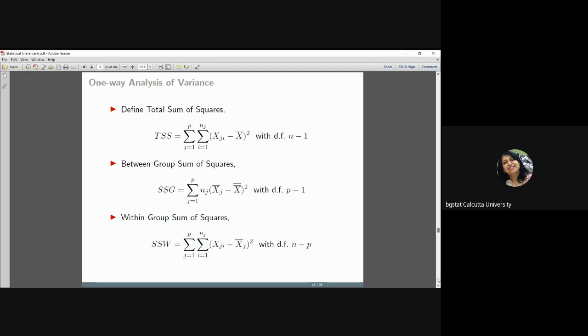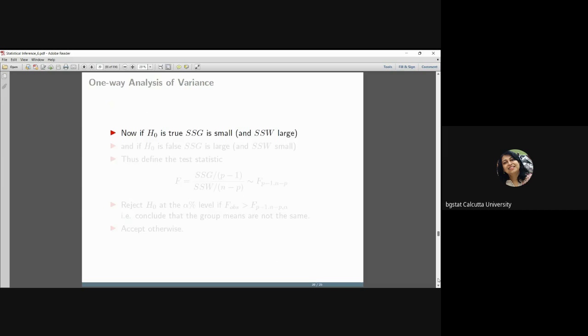So if all the states really have the same mean, we will expect that each of the group means will be similar to the pooled mean. And because of this, the difference xj bar minus x double bar will be very small. So if H naught is true, we will expect that SSG will be small. And because we have the decomposition that SST equals SSG plus SSW, it conversely means that SSW must be large.